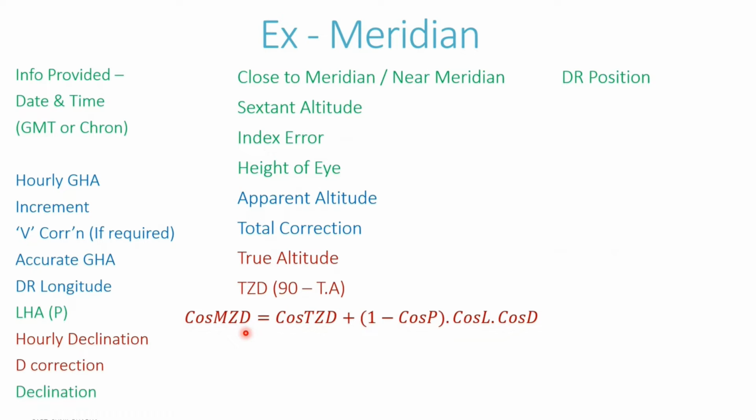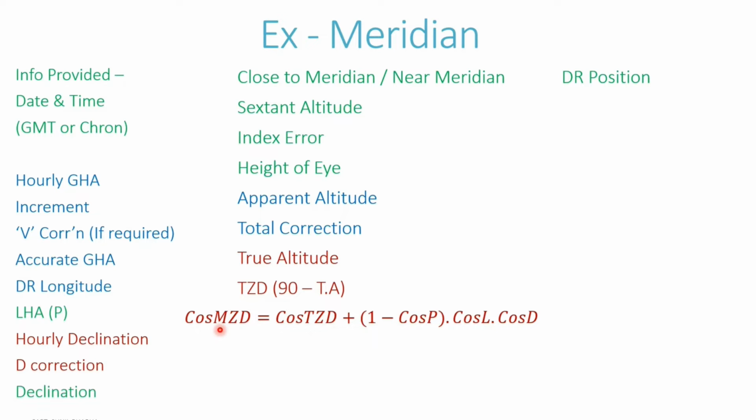So in case a Mer Pass sight was missed, the only other option available to us was to get the MZD. See, the Mer Pass sight gave us the MZD, meridional zenith distance. Then this MZD was combined with declination to get the observed latitude. So we wanted a way to get the meridional zenith distance in case the Mer Pass sight was missed, and this is why the Ex-meridian method was used.